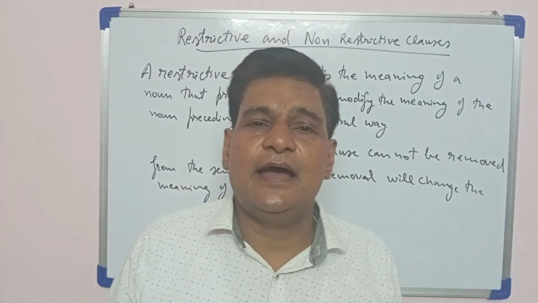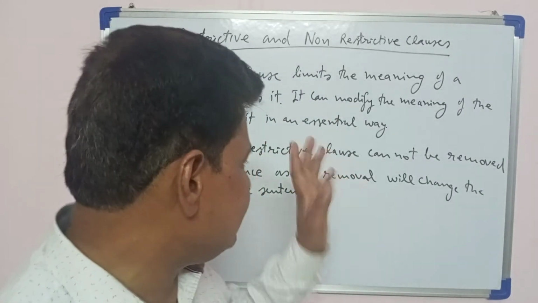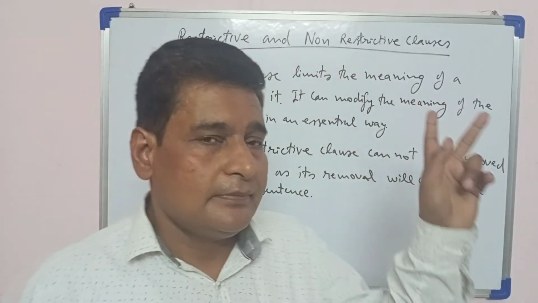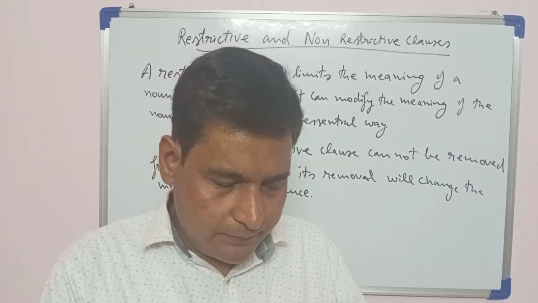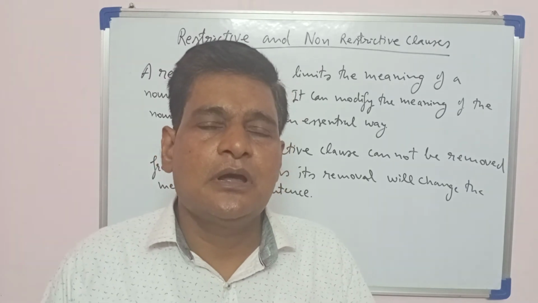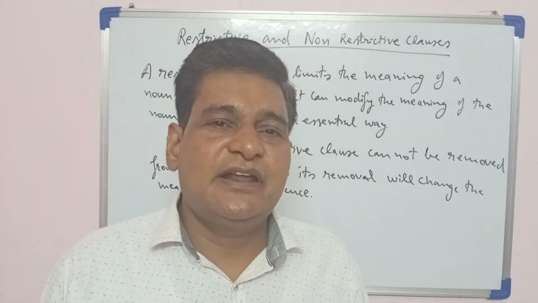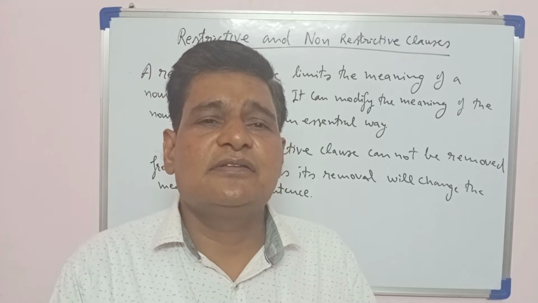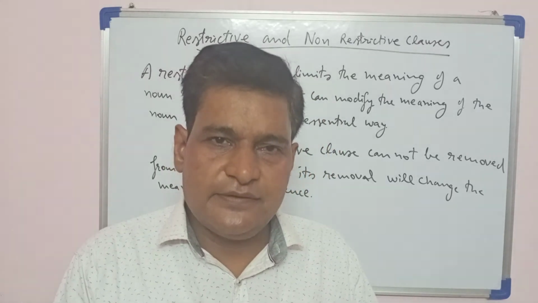Now, we are currently talking about the restrictive clause. Both these clauses are called relative clauses also, because they give you information about some subject. They relate something regarding the subject of another clause, so they are also called relative clauses.